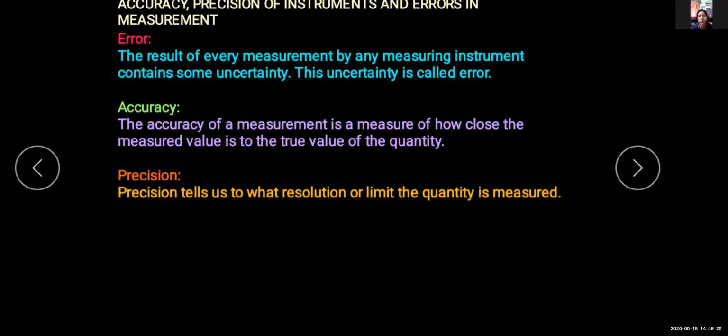So first was accuracy. Accuracy means how close the measured value is to the true value.